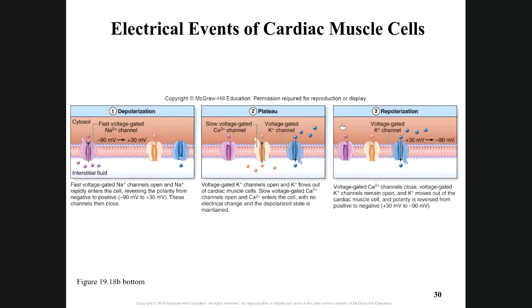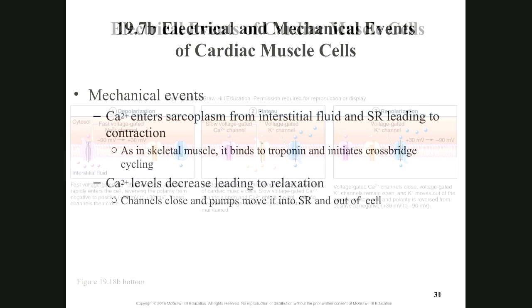And then we have repolarization when calcium channels become closed and only potassium channels are open, and potassium ion go out of the cell and the membrane potential again reach negative 90 millivolts.